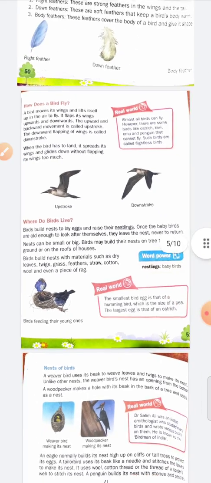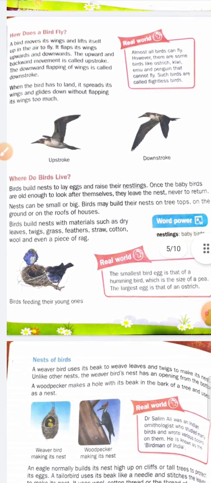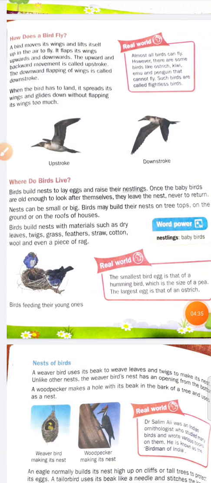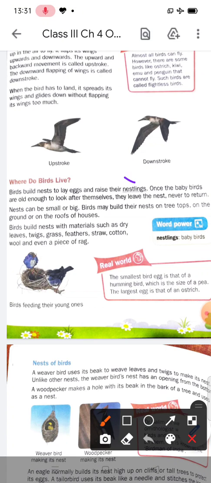Now students, our next topic is where do birds live? Yes students, everyone knows, in the nest. So birds build nests to lay eggs and raise their nestlings.